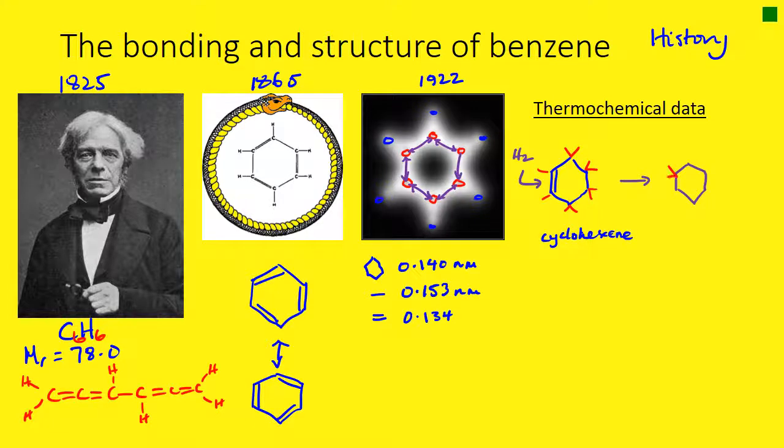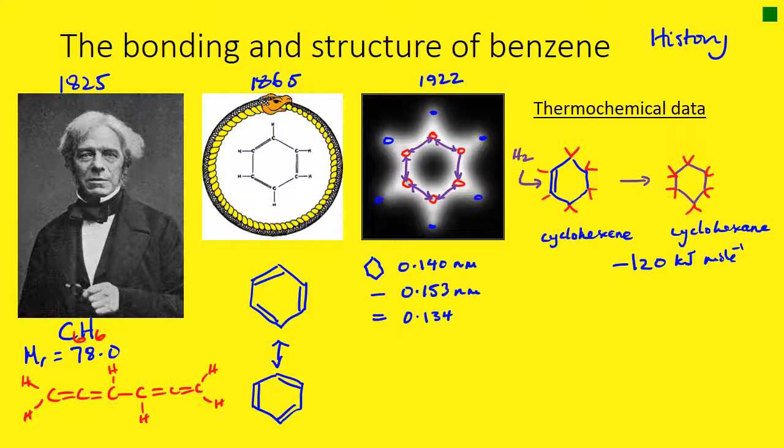So now you have 2 hydrogens on each of the carbons. So you have cyclohexane now. The enthalpy change when that happens, called the enthalpy change of hydrogenation, is an exothermic reaction, as you would expect, of minus 120 kilojoules per mole.